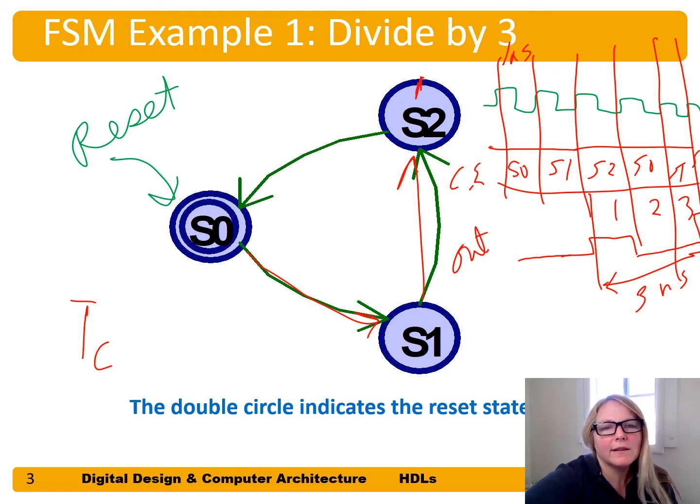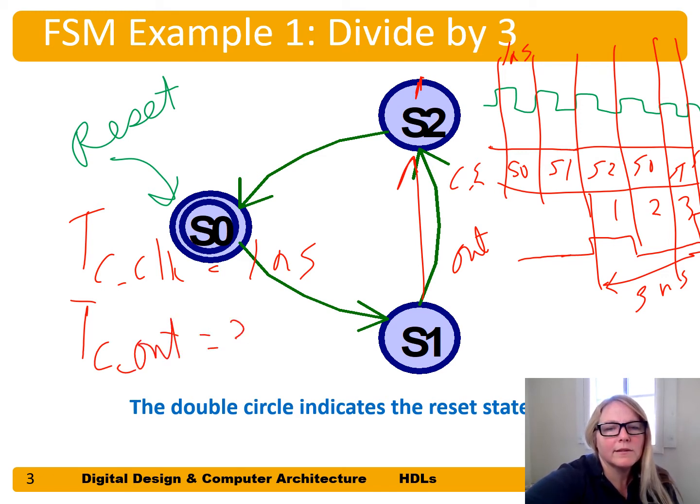So TC of the clock equals, in this case, 1 nanosecond, and TC of the output equals 3 nanoseconds. And so the frequency here is 1/1 nanosecond, which is a gigahertz.